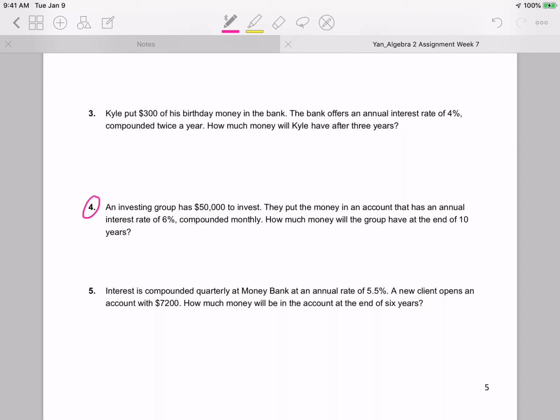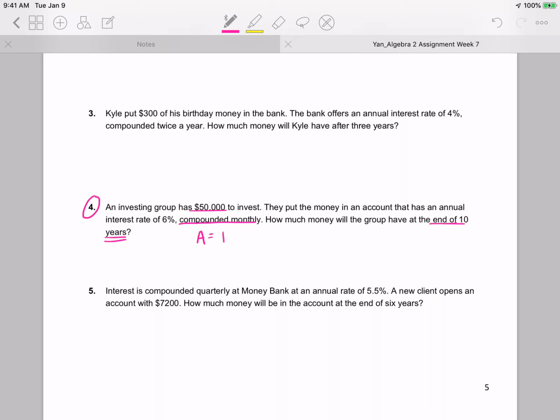It says an investing group has 50,000 to invest. They put the money in an account that has an annual interest rate of 6%, compounded monthly. How much money will the group have at the end of 10 years? So let's write down our formula.